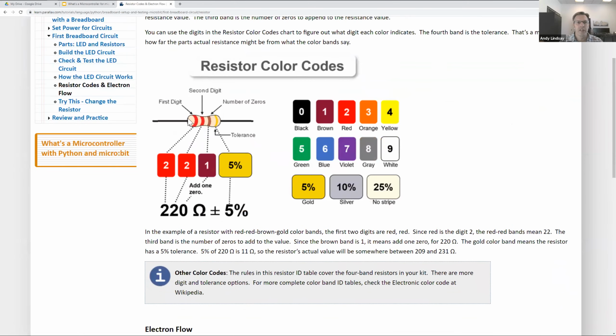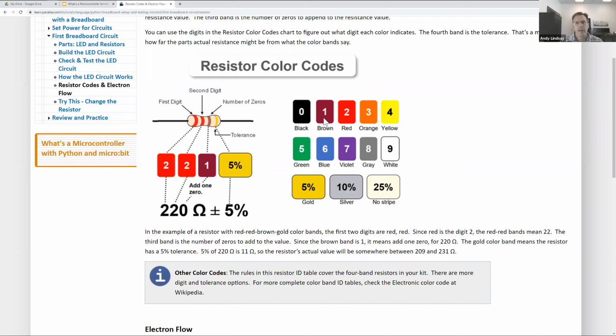Resistors, you may have noticed, have little stripes on them. The resistor that we're using here has the red, red, brown pattern with a fourth gold stripe. And that gold stripe shows how precise the value is going to be. And the other three colored stripes are color coded to give you the actual resistance value, which is measured in ohms.